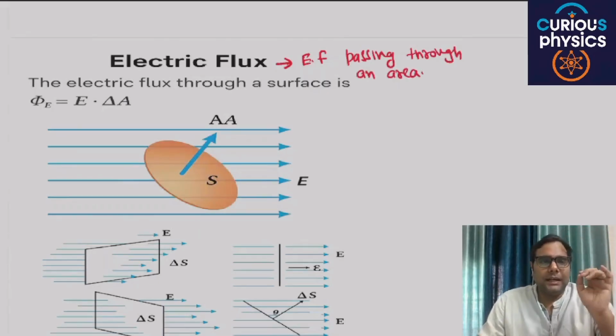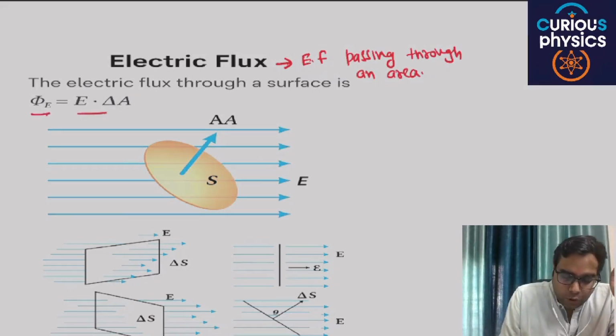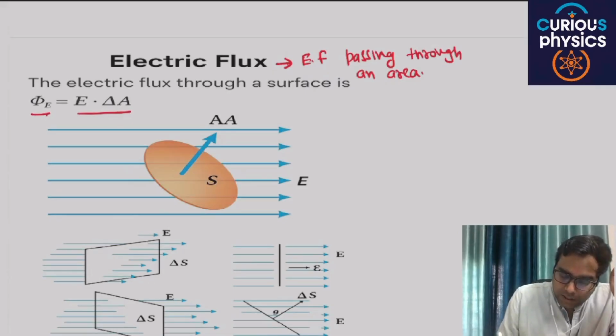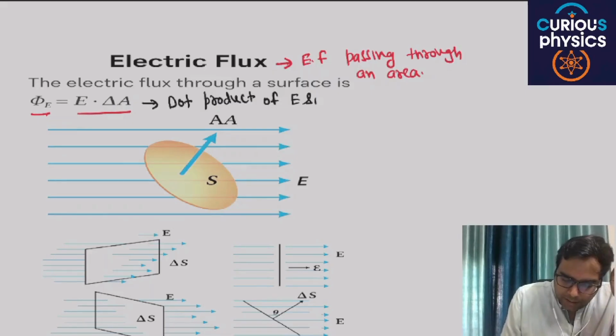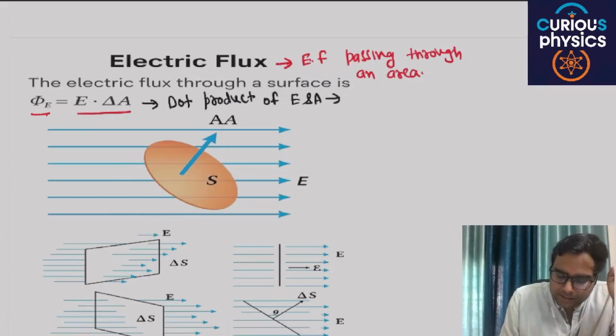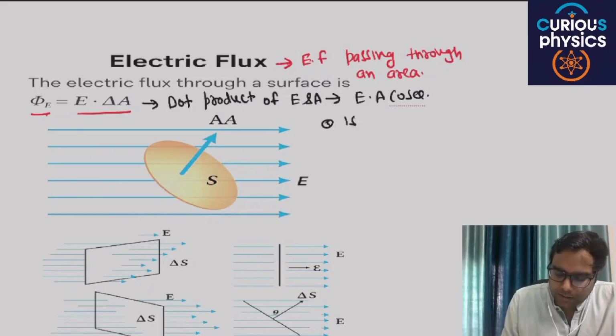Electric flux is denoted by phi, and it is the dot product E dot dA, the scalar product of E and A, which can be written as EA cos theta, where theta is the angle between the electric field and the area vector.